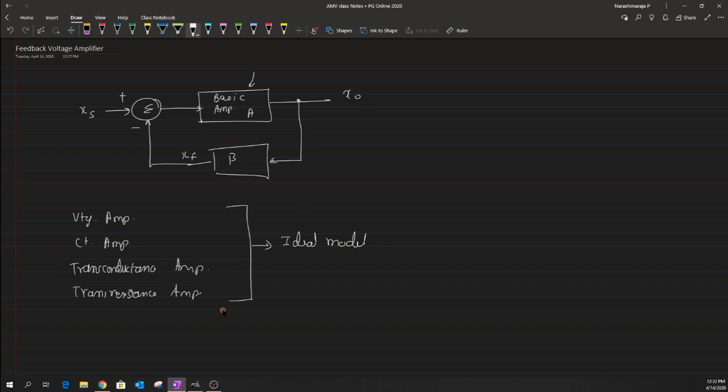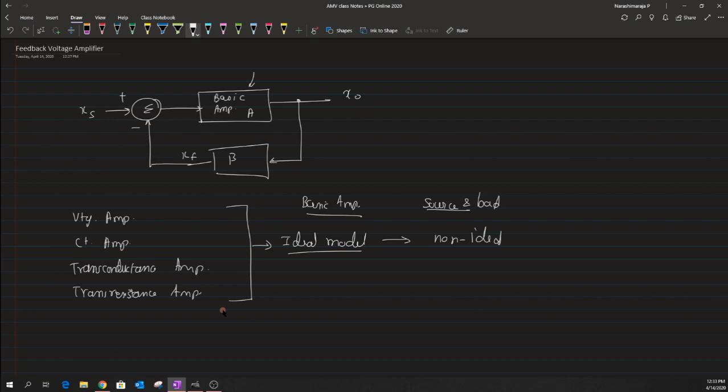Let me write this. All the basic amplifiers were considered as an ideal model, and then we had some non-idealities across the network, across the sources. Sources, in the sense I'm talking about the input source as well as the output load. So sources and load were taken as non-ideal cases.